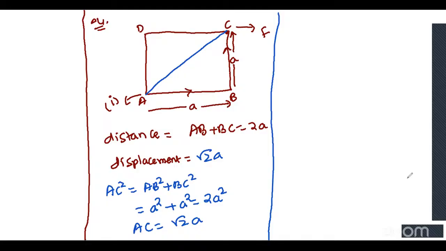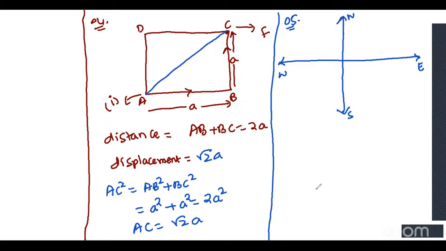Suppose, let us consider I am having the geographical directions like north, south, east, and west. Suppose I am having a particle here at point A. This is O. The particle travels a distance of 8 meter to the O and then travels a distance from O to B, 15 meter.